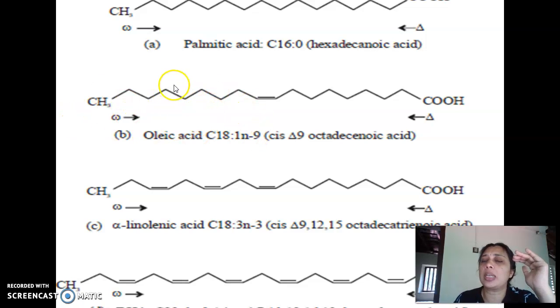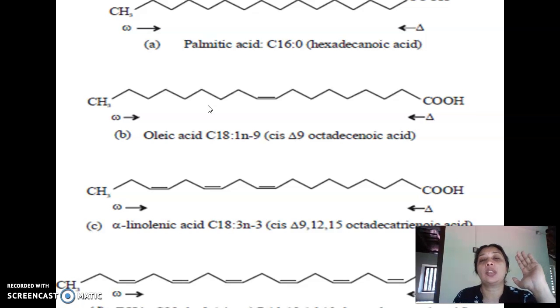Okay, so you can never introduce a double bond on the C12 position or C18 position and so on. Clear. So it can introduce double bonds only in between the carbonyl group and the C9, right? Not beyond the C9, right? So what is the importance?